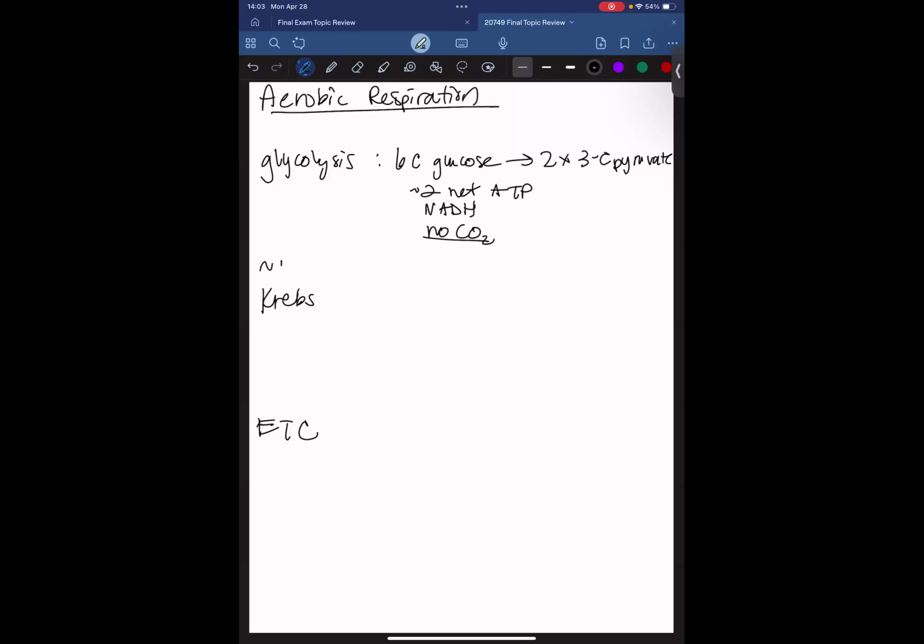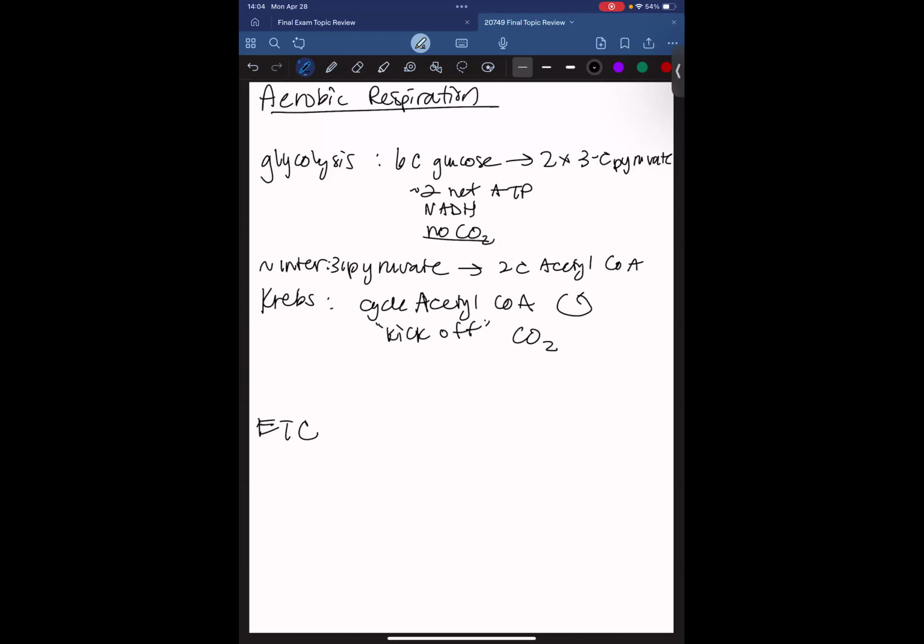In this intermediate step, we will turn pyruvate, which is 3 carbons, into a 2-carbon acetyl CoA. In the Krebs cycle, we will cycle that acetyl CoA in a big old circle. As we do that, we're going to kick off several carbon dioxide molecules.